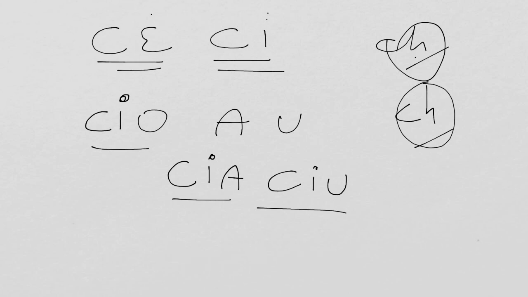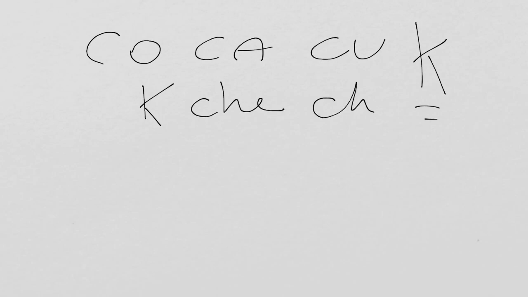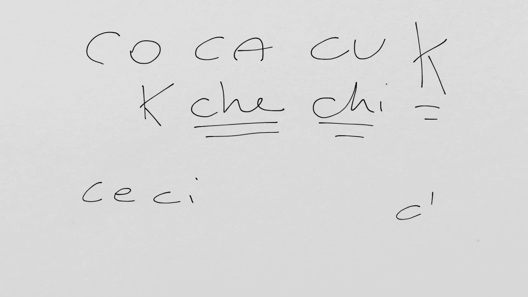I hope it's clear. So with ko, ka, ku, if we want to maintain the same sound K with the other two vowels, we have to write ke, ki with an H. Now the opposite, we have che, chi, and we want to represent the sound ch in front of o, a, u.